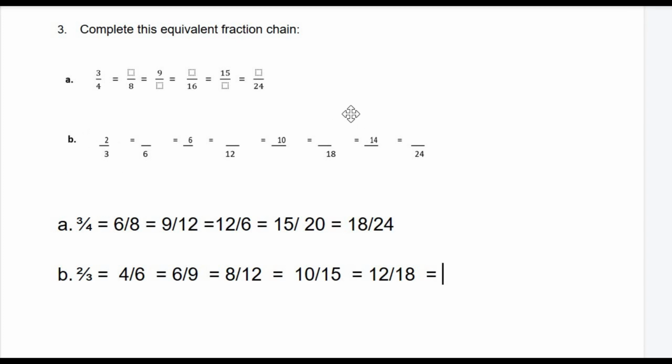So 7 times 2 is 14, and 7 times 3 is 21. And then we have 24. We should multiply 3 by a number to get 24. That number is 8. So 2 times 8 equals 16 out of 24, and 8 times 3 is 24.